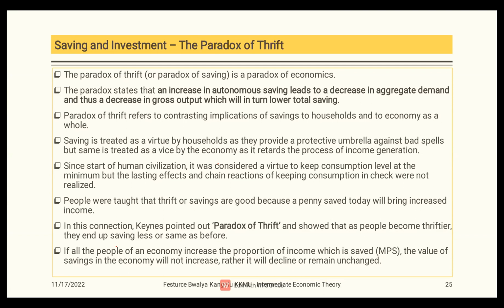So saving is treated as a virtue by households, as it provides a protective umbrella against bad spells. But it is treated as a vice by the economy, as it regards the process of income generation. Now I'll show you what it means.